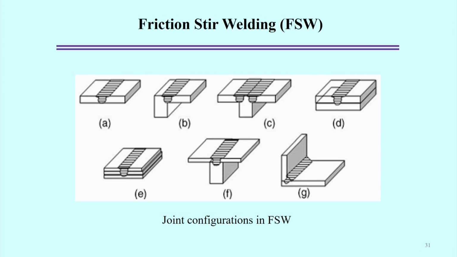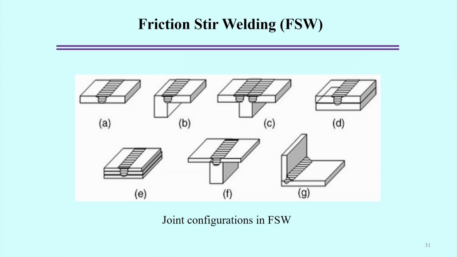Here the weld joint mostly covers the top component, but less of the bottom component. But anyway, these two materials can be joined in this way in the lap joint configuration, and of course, more than two components can also be joined in the lap joint configuration. That is very obvious from figure E also.